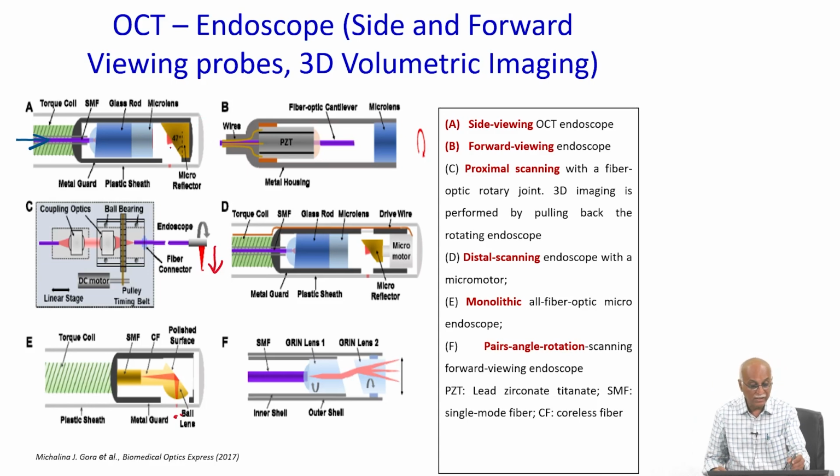The size may be of the order of a millimeter or so, or even less. It has a reflector at a particular angle; light comes and passes through the GRIN lens, which will collimate the light. The light from the fiber is going to diverge, and if it is a single mode fiber, the divergence will be similar to Gaussian beam divergence. If it is a multi-mode fiber, the numerical aperture will decide the divergence.